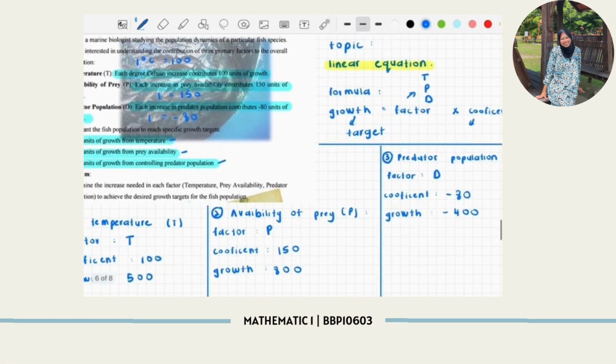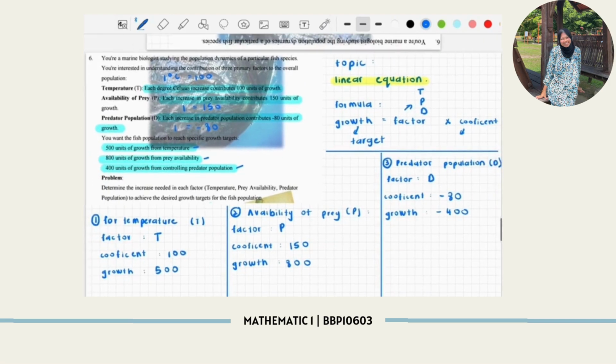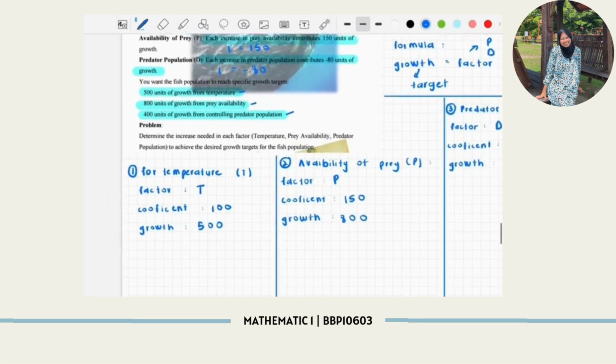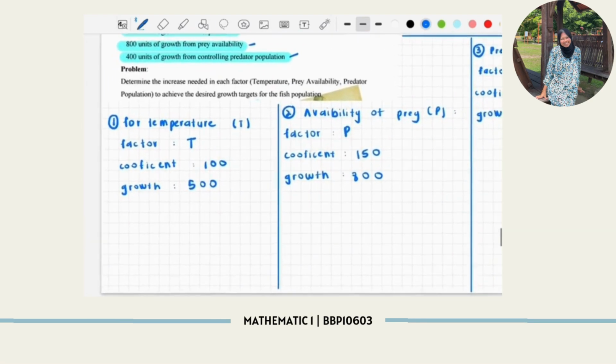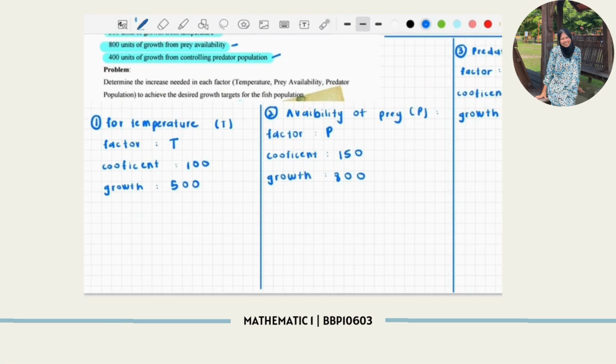And now what I want to do is search for the increase for the first factor, which is temperature. So now I have the factor, coefficient, and the growth. The factor for the temperature is T, the coefficient of the temperature is 100, and the growth of the temperature is 500.